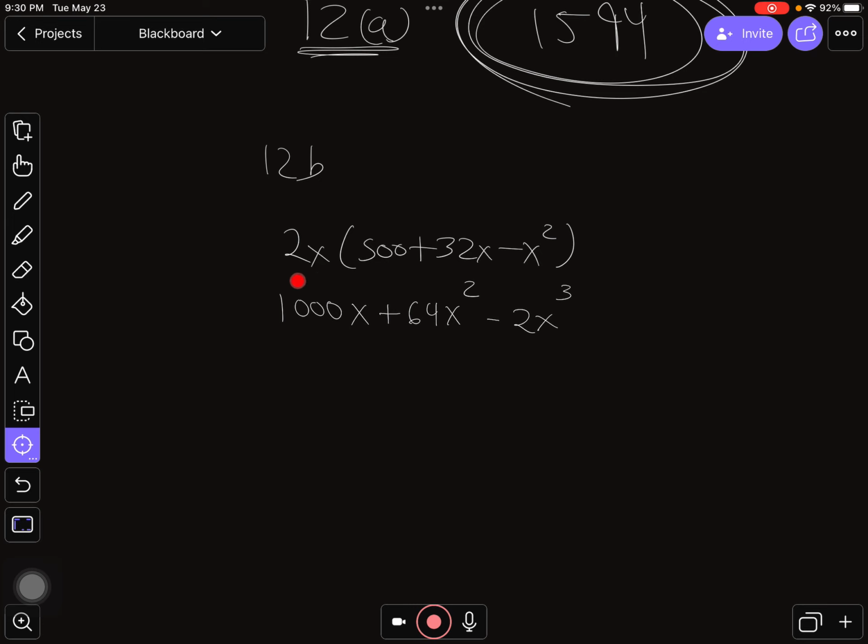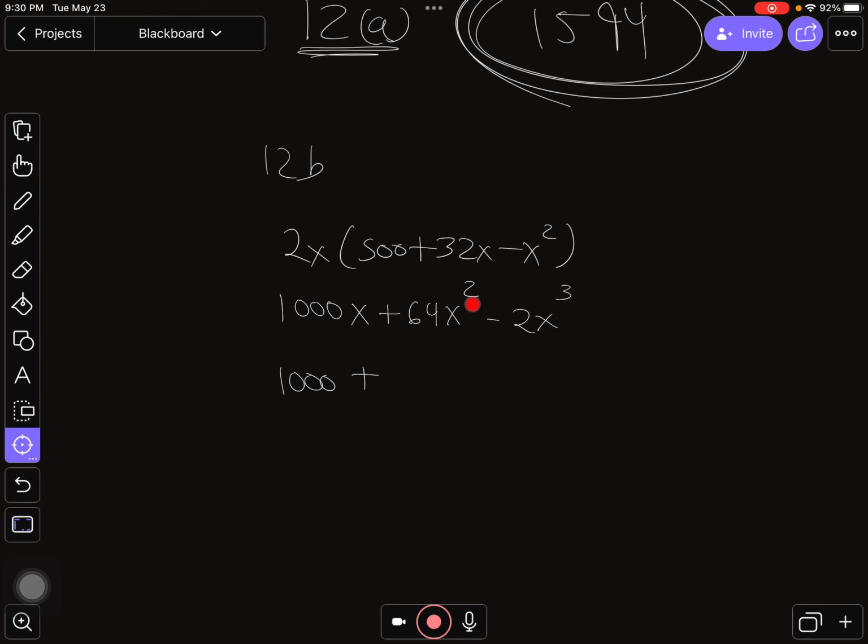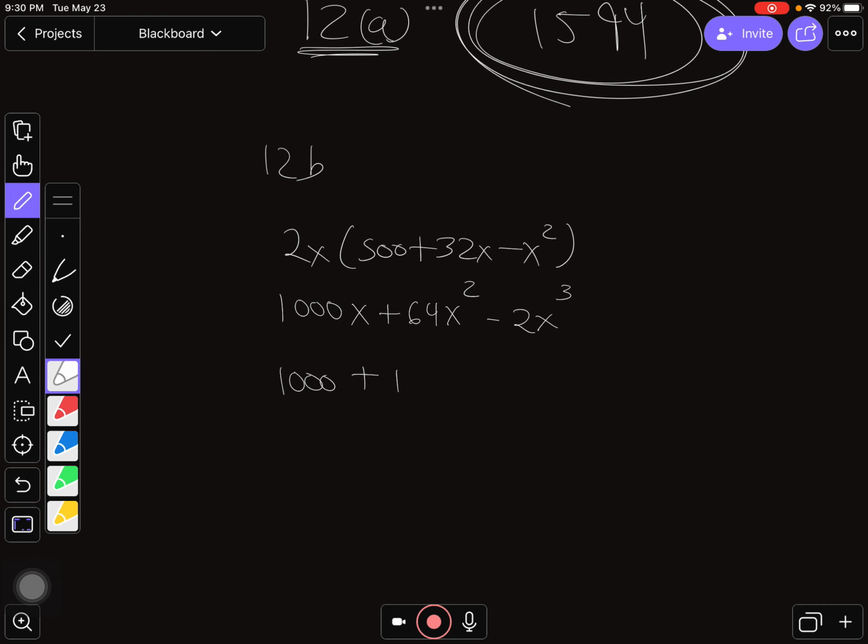To find the derivative, I just use the power rule. If I just have an x term, it doesn't have a 2 or 3 or 4, it's just an x, the derivative is just the number out front. The derivative is going to be 1,000 plus, then I take the derivative of this. Remember, I put the 2 to the front. 64 times 2 is 128. With the power rule, I subtract 1 from that exponent, so it's going to be x, since 2 minus 1 is 1.